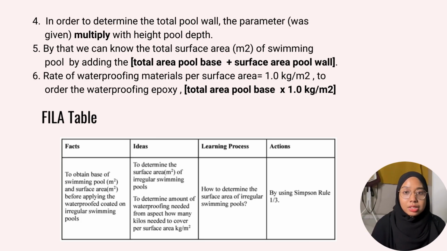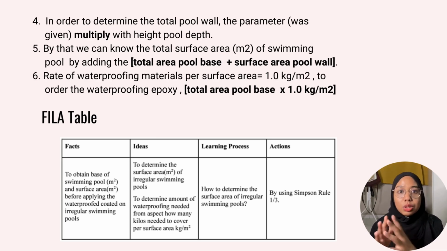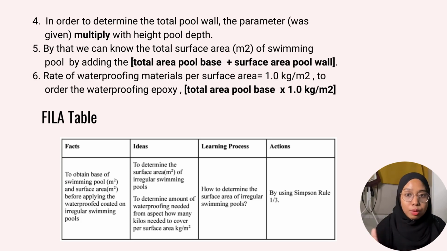And for the ideas, we need to determine the surface area of the irregular swimming pool, and also we can determine the amount of waterproofing needed, in terms of how many kilos are needed to cover the swimming pool base.